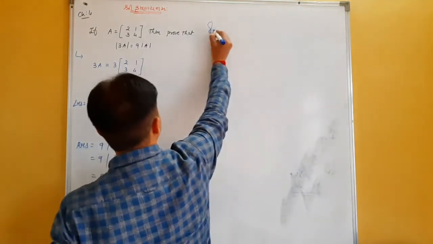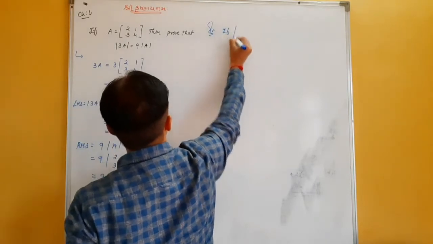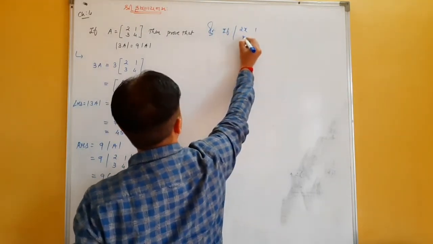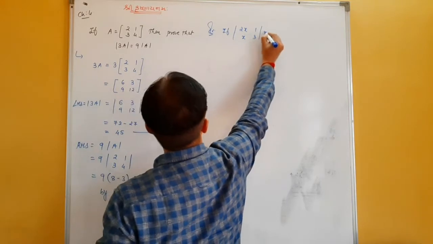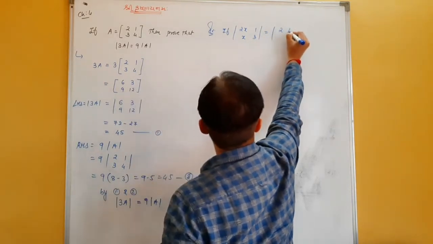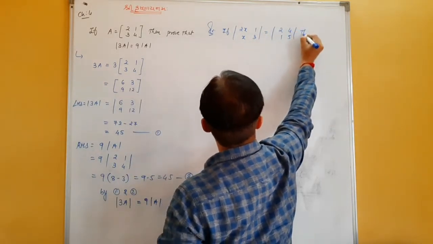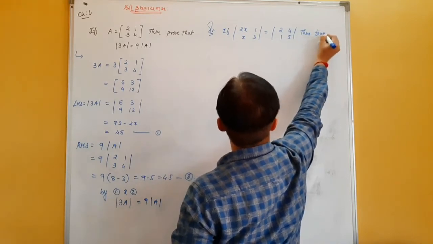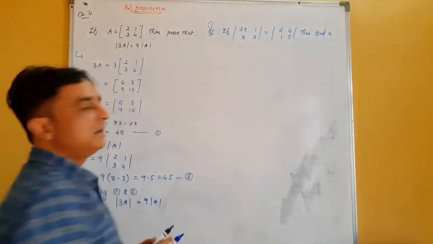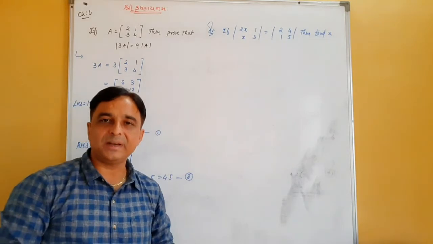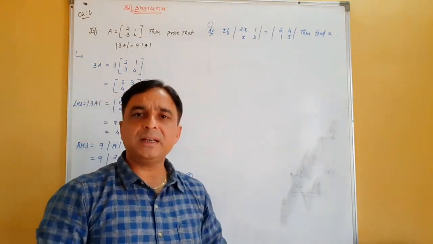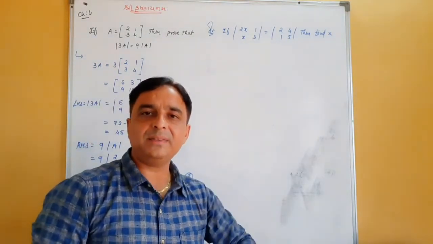Next example. If |2x 1; x 3| equals |2 4; 1 5|, then find x. This is a comparison of two determinants. So simplify both the determinants, left hand side and right hand side, and then compare.